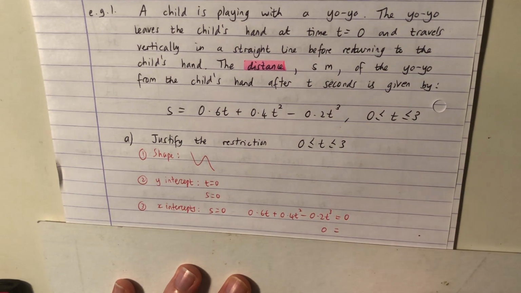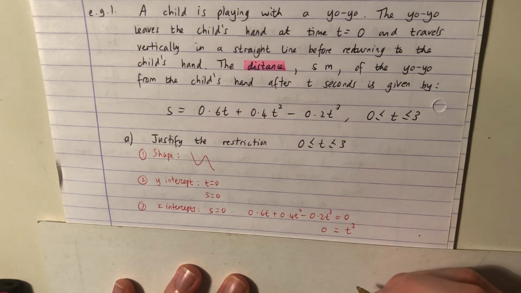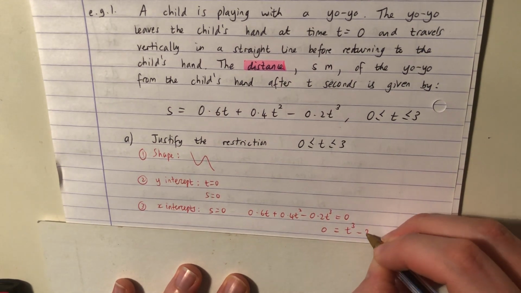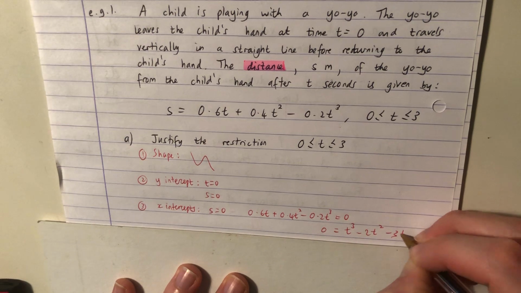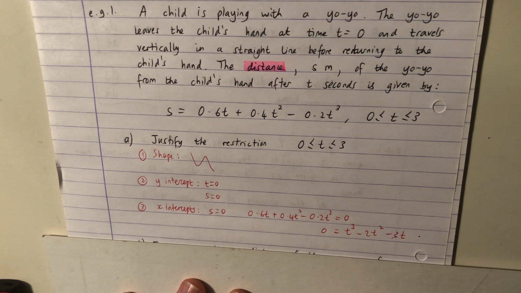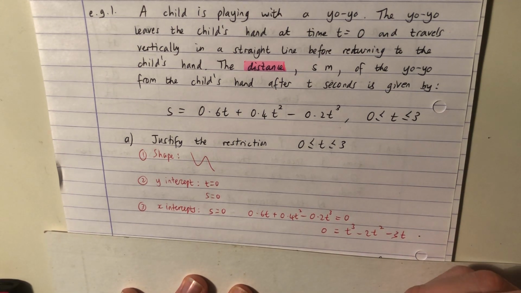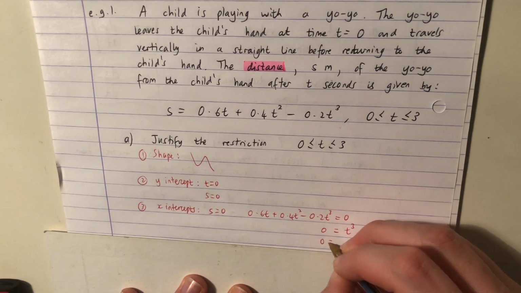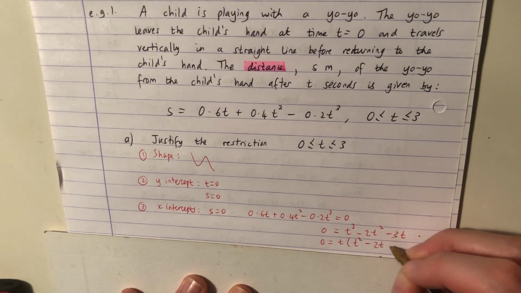And I'm also going to take it to the other side, and you would get t cubed minus 2t squared minus 3t, I think. Yeah, that looks right to me, to get this cubic. And if you solve this cubic, best way to solve a cubic is factorizing: t times t squared minus 2t minus 3.